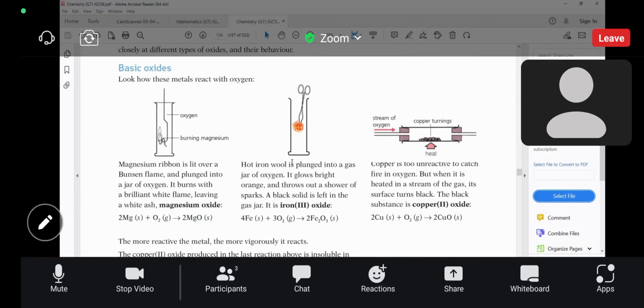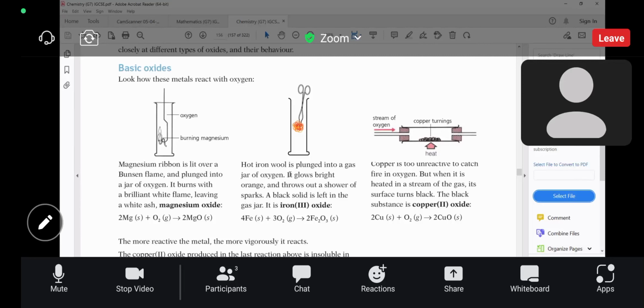Now here we have taken the same procedure, right? So initially here we took oxygen in a container and placed magnesium and burned it. Again, instead of magnesium, we take iron wool. So this is iron wool, and we burn it with the help of oxygen.